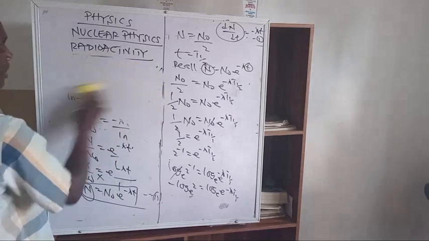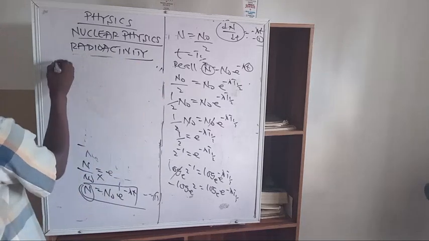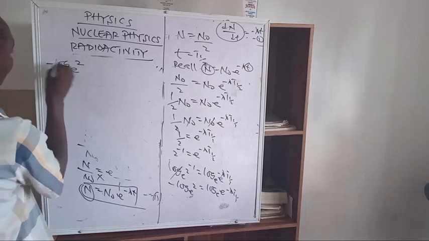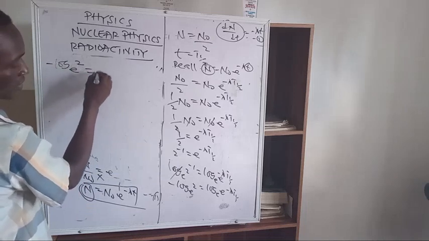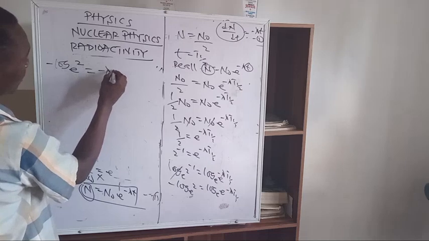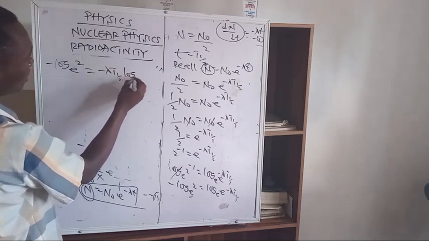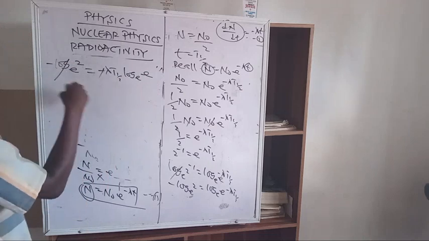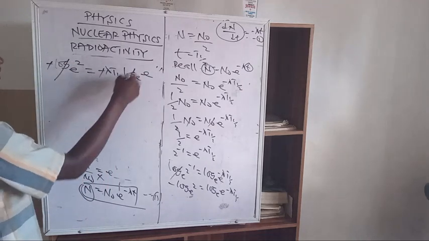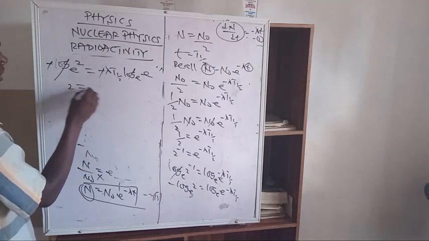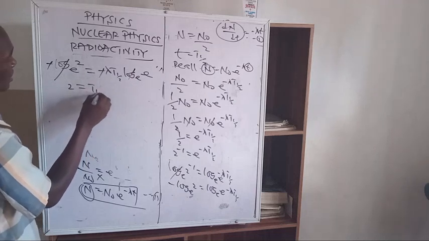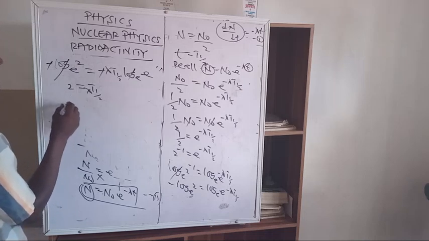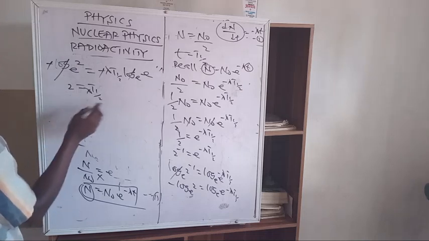So I have log e 2 equal to lambda t1/2, since minus goes with minus and log e goes with log e. What is left is 2 equal to lambda t1/2. I have this at the end of the day.